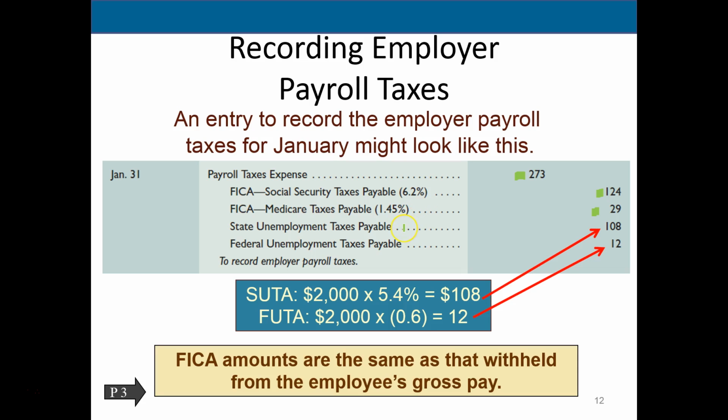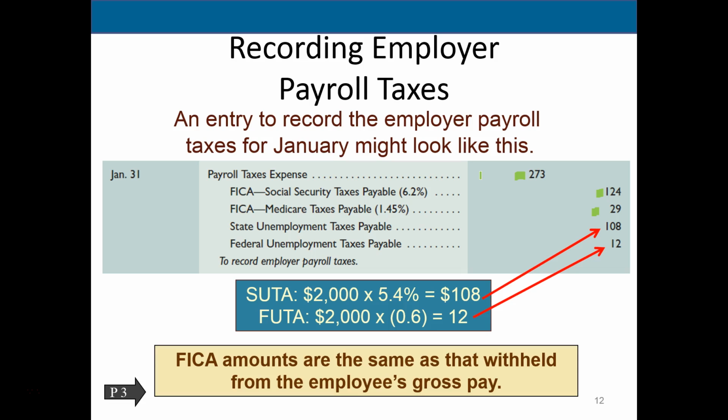Then we have to pay on top of that the SUTA and FUTA, calculated at 2,000 times 5.4% for the state. So we owe that to the state, and FUTA, which we owe to the federal government. So notice that the last journal entry we had, being the employee journal entry, didn't have a payroll tax expense, even though we're paying payroll taxes, because the entire expense was what the employee earned.